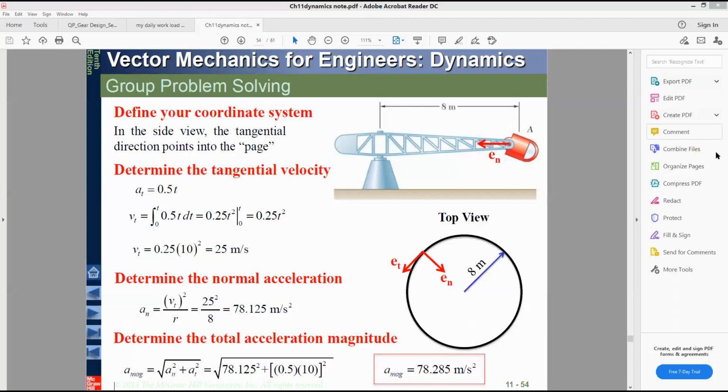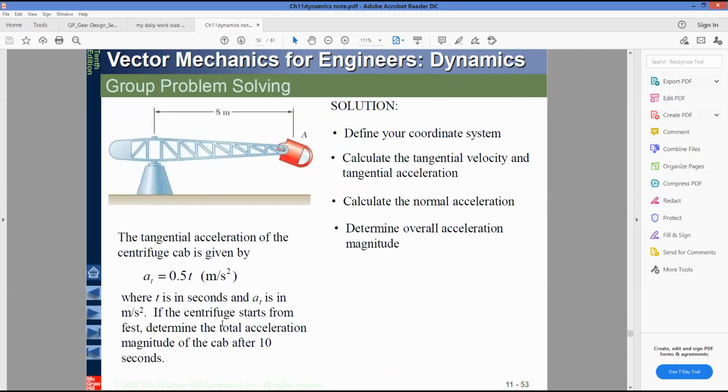If we integrate that term, we get vt, the integral of 0.5t, and this is a closed integral. So it means that for some value of t, from 0 to how much? As per the question, it is given after 10 seconds. Here you can see, after 10 seconds find the total acceleration.